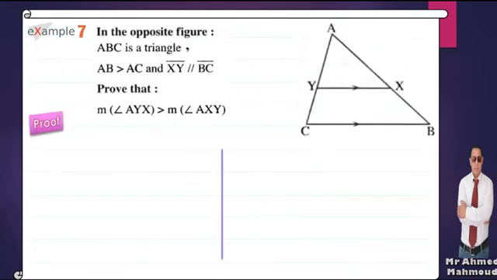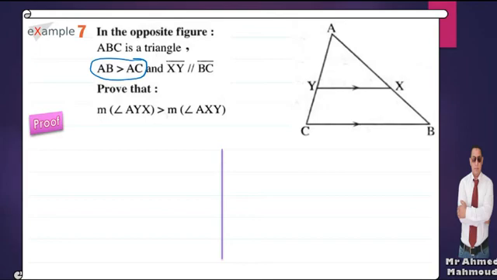Here in this example, in triangle ABC, AB is greater than AC. AB is a big side, AC is a small side. XY is parallel to BC. Prove that angle AYX is greater than angle AXY. I will start with the given, AB greater than AC. This given is included in the larger triangle.